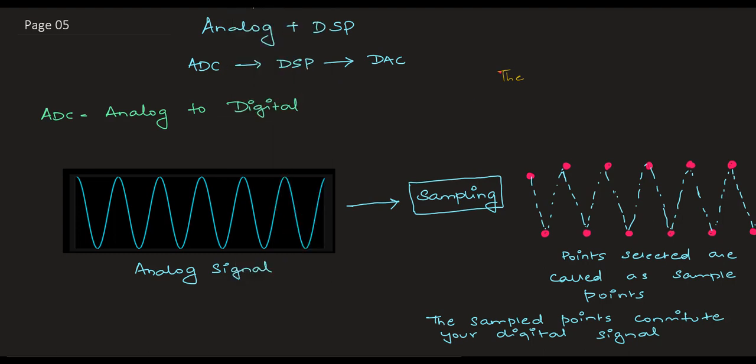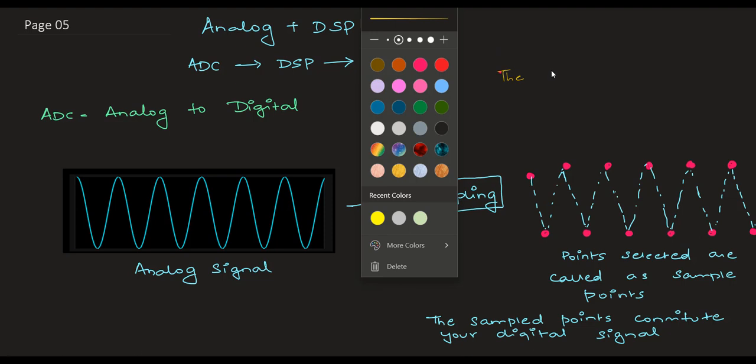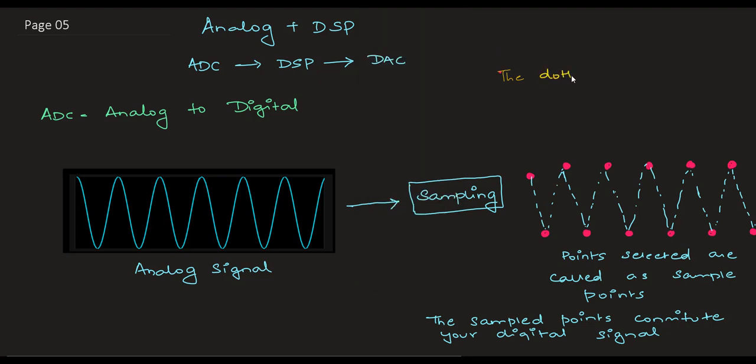Understood? So we take a continuous analog signal, we sample it, and after sampling we get only those red points, the sampled points, and this is where the DSP comes in. We send the value of each point into your DSP.